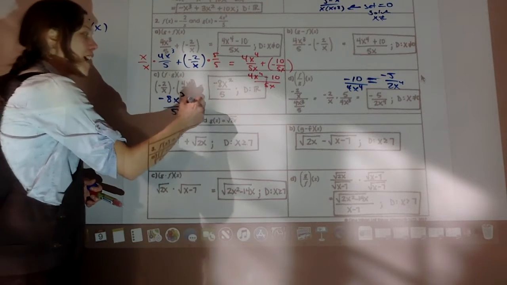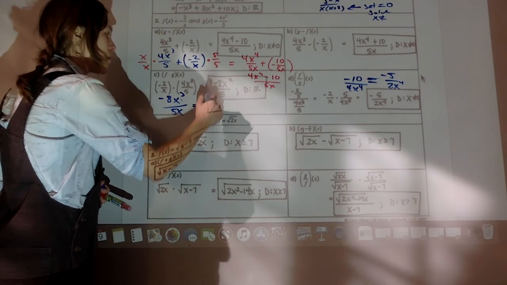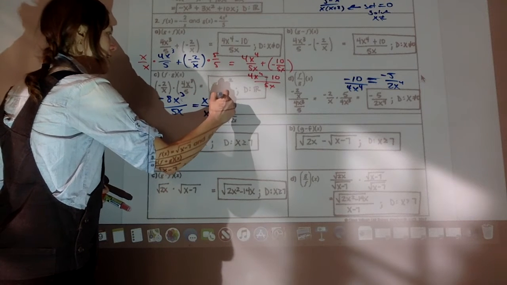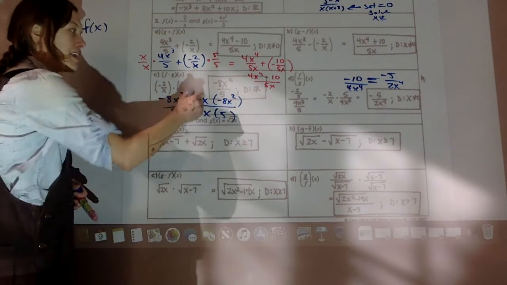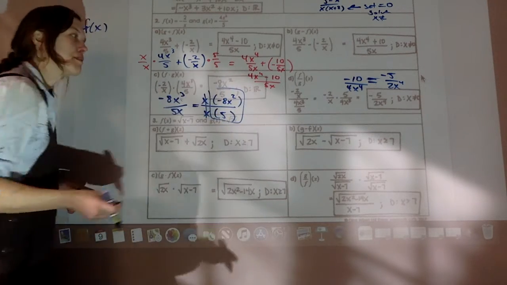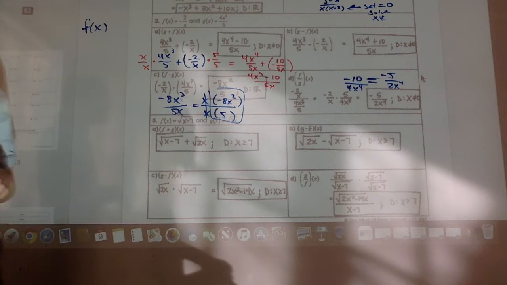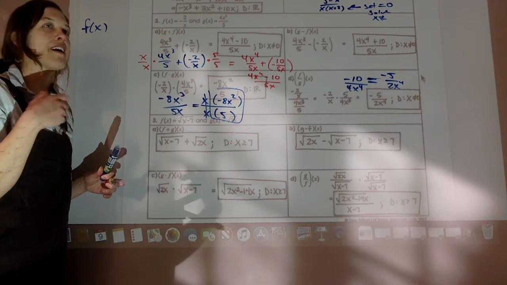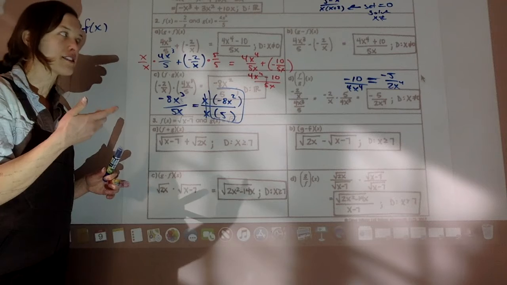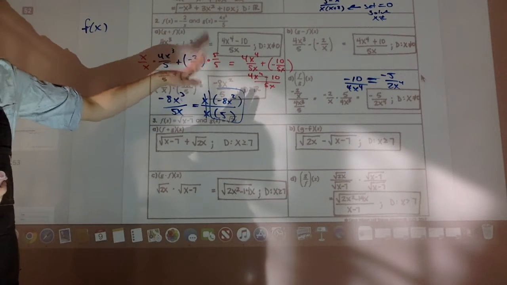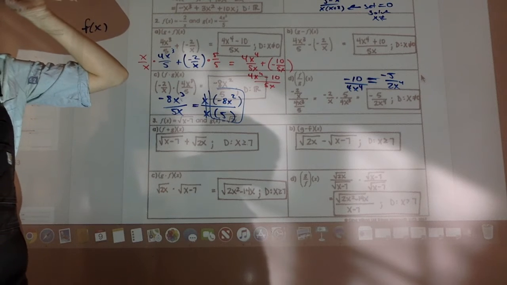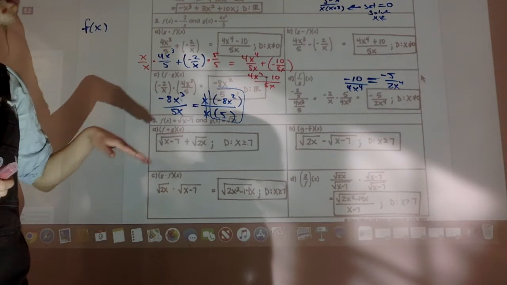But I can actually factor out an x from both of those, x over x, and then I have negative 8x squared over 5. Then I can cancel those and get my simplified fraction. So when you're working with fractions, it's really important to simplify. That's the only time, when you're working with something in a quotient, that you're going to have to simplify for these operational procedures, these mechanics.